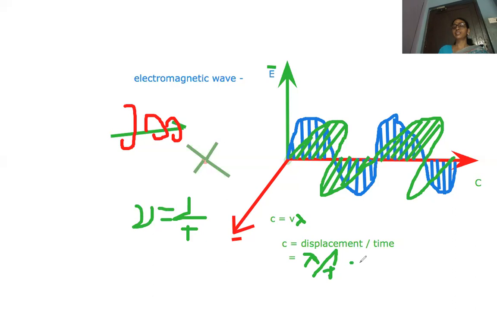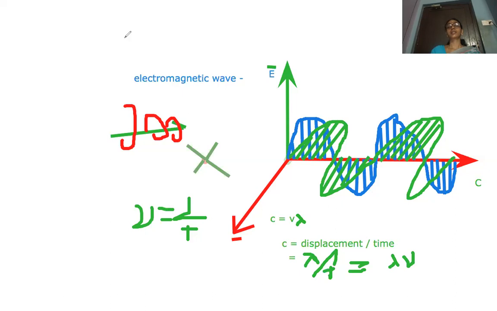So you can write this formula as lambda into 1 by t. 1 by t is nothing but frequency nu. So velocity becomes C is equal to lambda into nu. Velocity is measured in meter per second or centimeter per second.